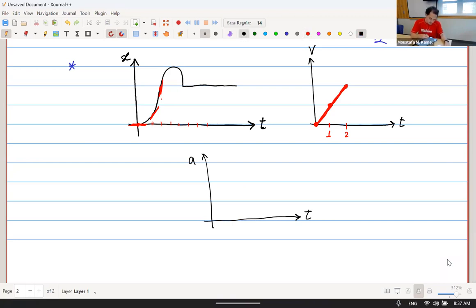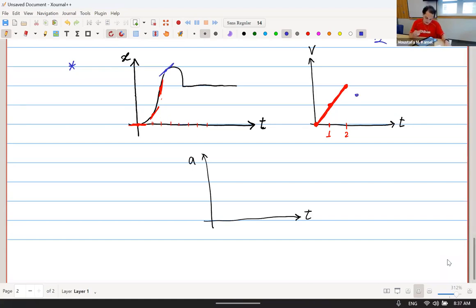And then we see at this point at the top, it starts to slow down a little bit, right? Because the slope here is starting to go down again, right? So the velocity is starting to get lower.